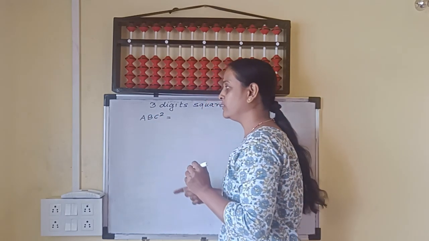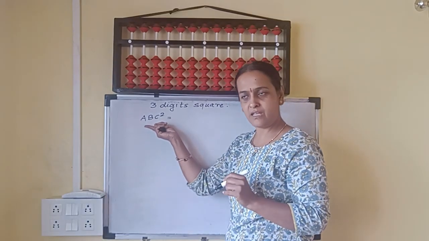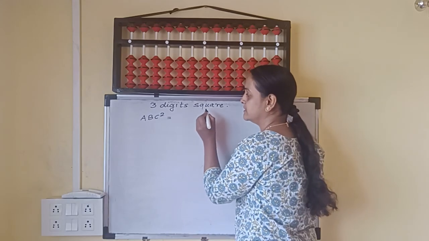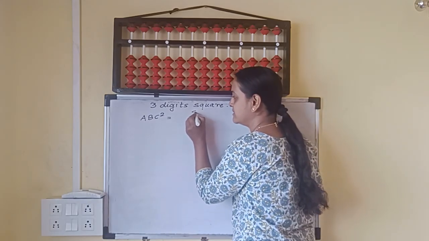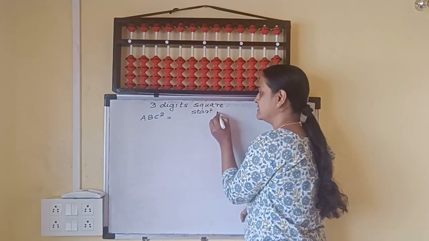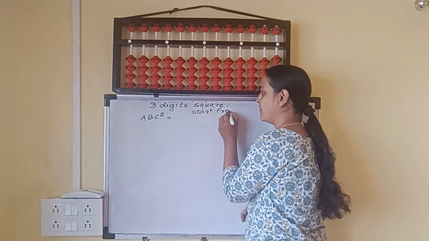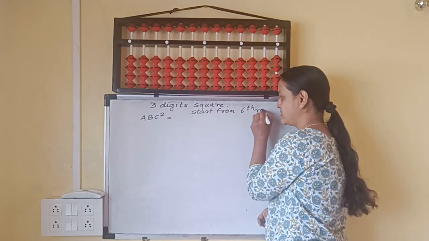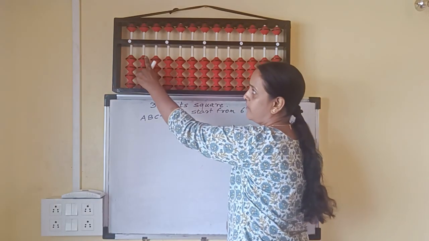As we find the square of ABC, we start this square from the sixth rod. Always start from the sixth rod.